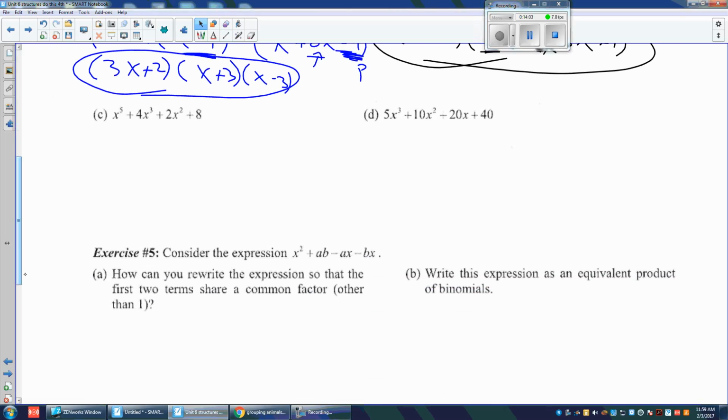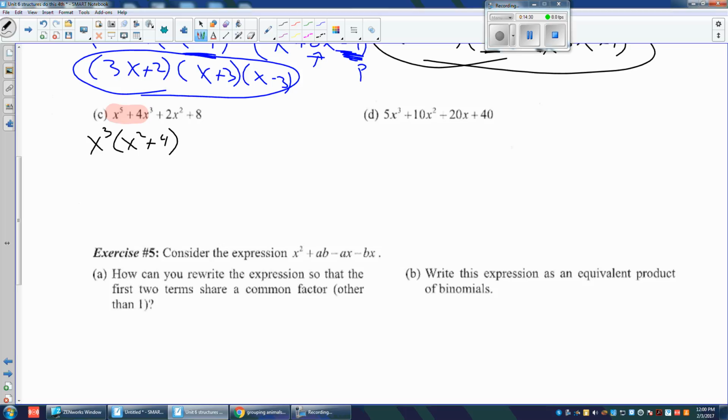So let's take a look at C here. So again, I'm looking at the first part and I'm saying, is there a greatest common factor there? Yes, x to the third. And then I'm left with x squared plus 4x plus 4, sorry.